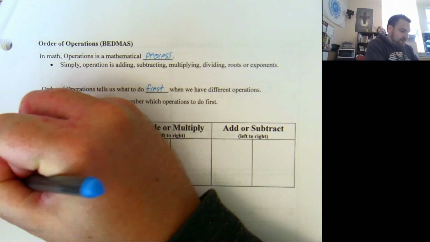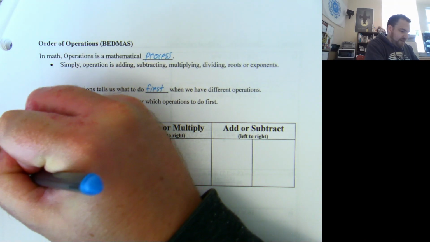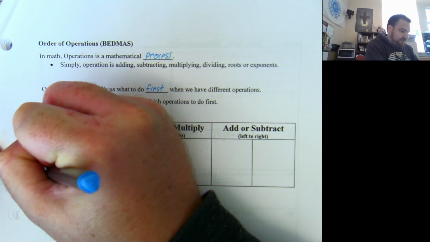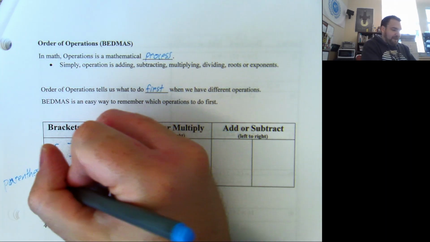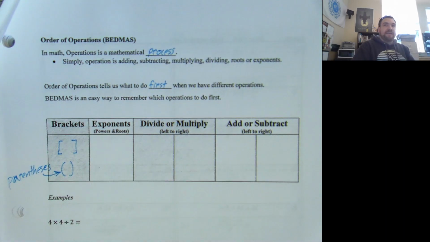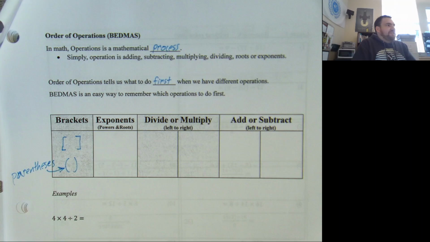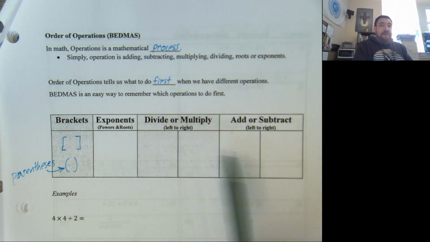Good. But we just kind of call them all brackets. We lump them all together. They do the same thing. Technically speaking, the name is different. So you do whatever's in the brackets first, following the rest of BEDMAS.